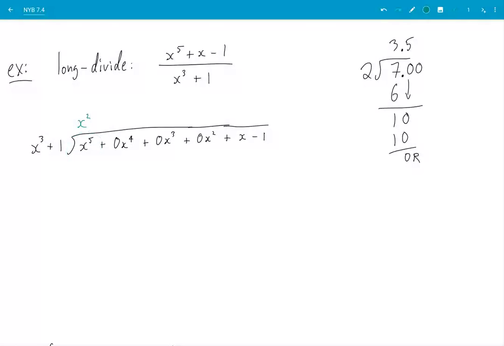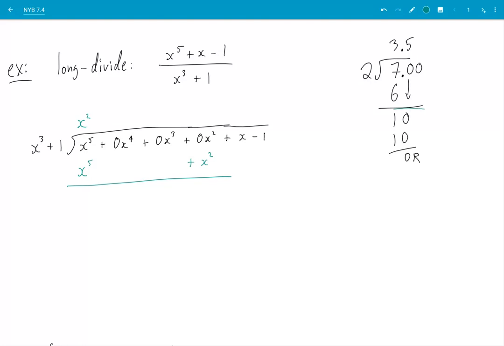Then I take x squared times this dude, and I write it underneath. You want to keep things lined up. You'll notice I'm taking pains to keep things lined up. I've even inserted some missing terms here. That helps me keep things lined up.